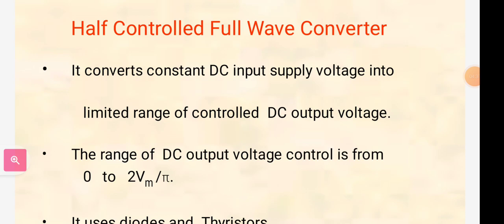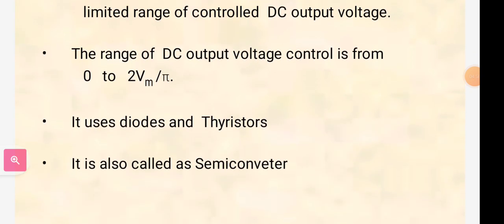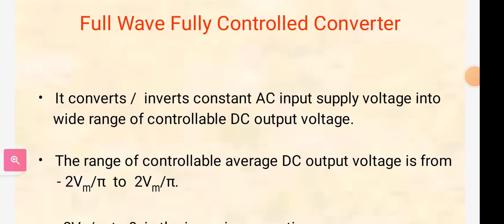The range of DC output voltage control is from 0 to 2Vm by pi, and it uses diodes and thyristors. It is also called a semi converter.